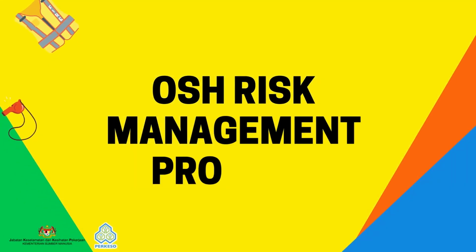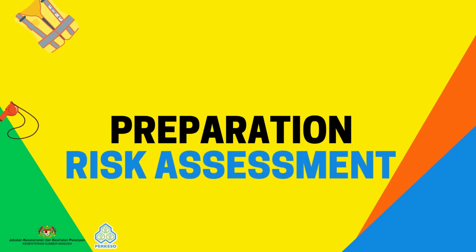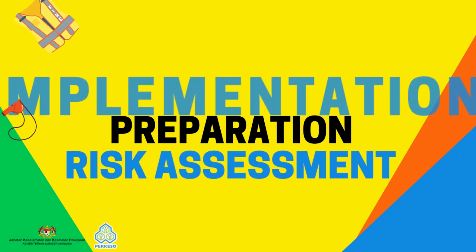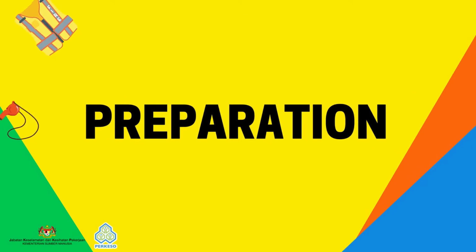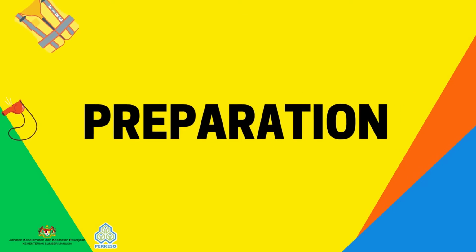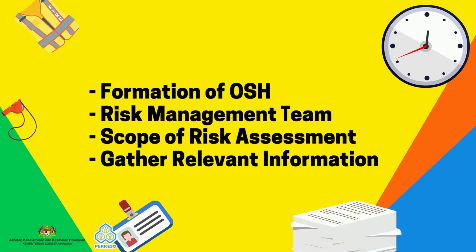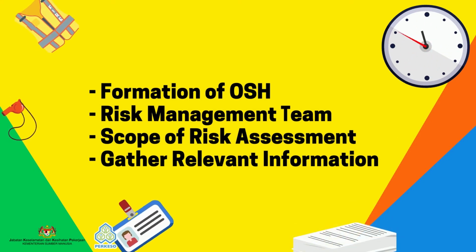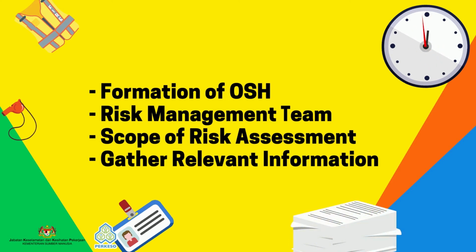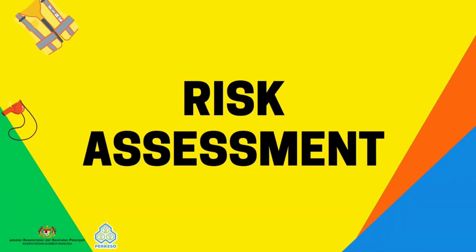The OSH risk management process has 5 phases, which are preparation, risk assessment, implementation, record and review. First one is preparation. It consists of formation of the OSH risk management team, scope of risk assessment, and gathering relevant information. Second one is risk assessment.